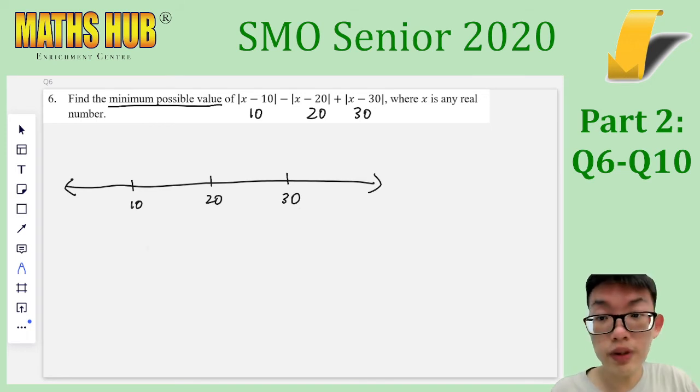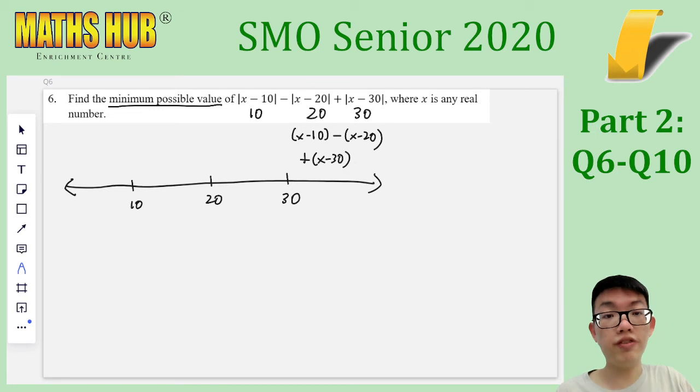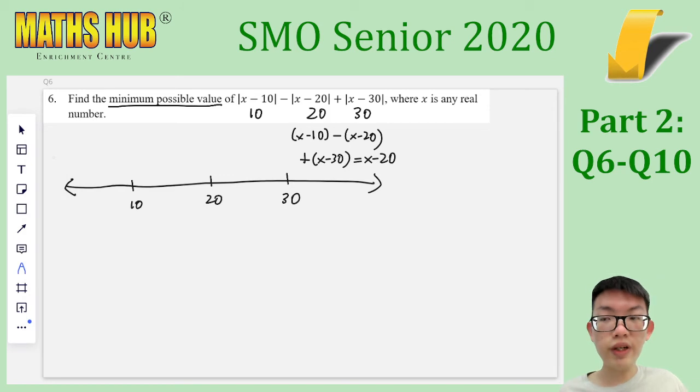So for example, if we just looked at the one on the right, it would become x minus 10 minus x minus 20 plus x minus 30, since all of them are positive, and this is equal to x minus 20. Now we could repeat this 3 more times if we so desired, look for the minimum value in each interval and compare across them to find the overall minimum.